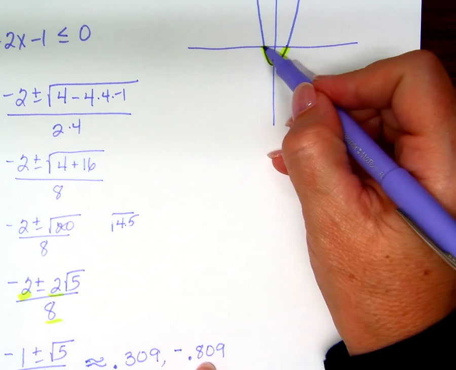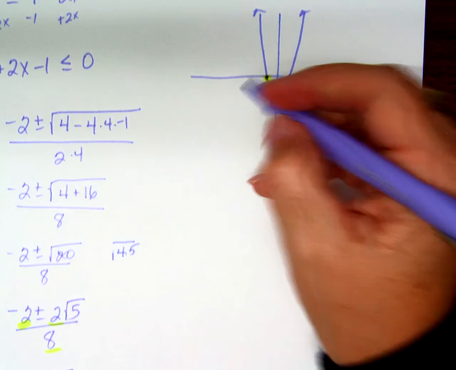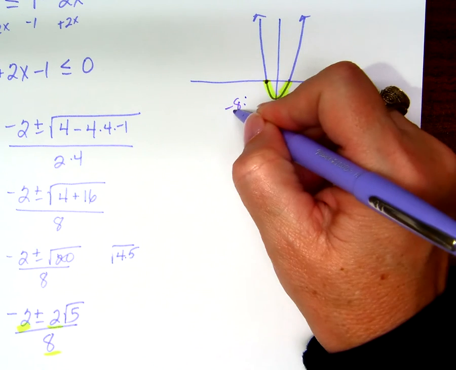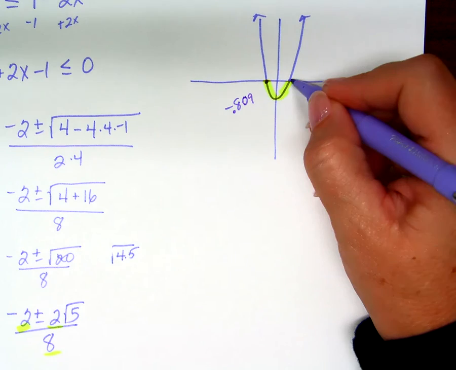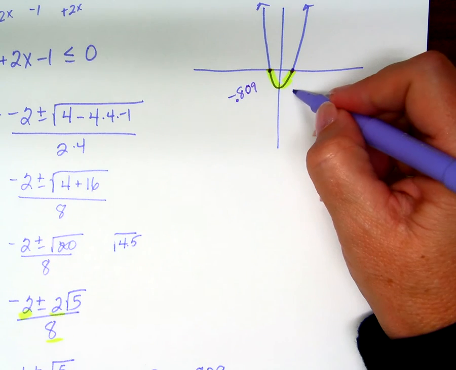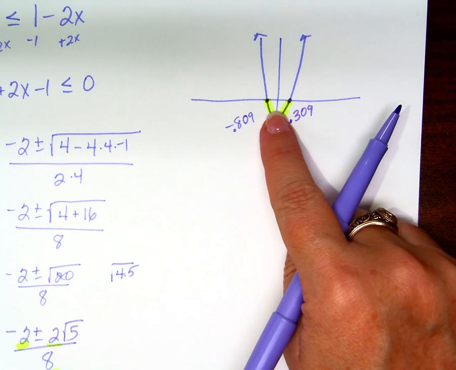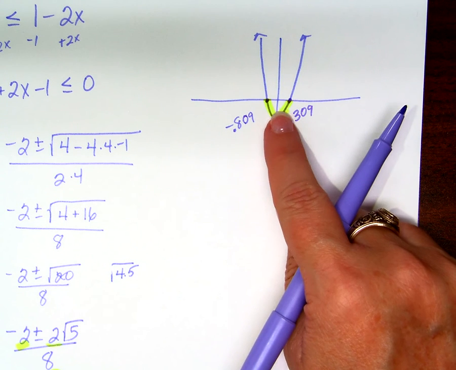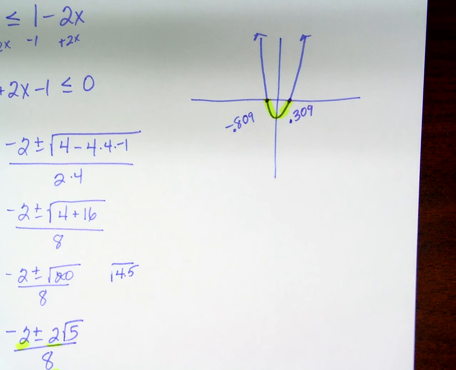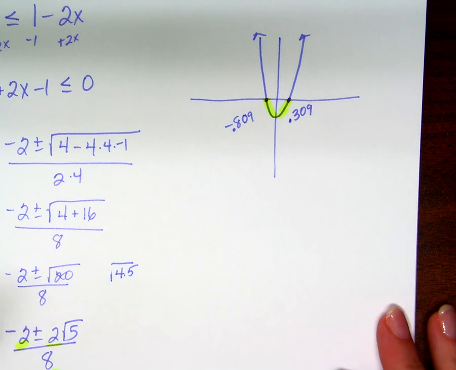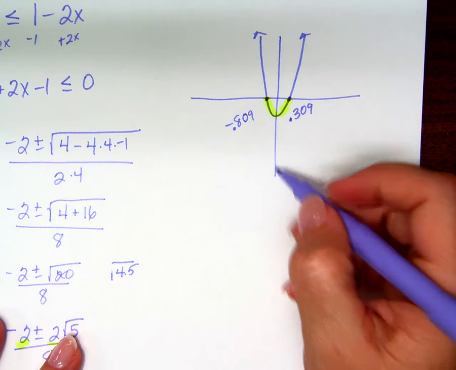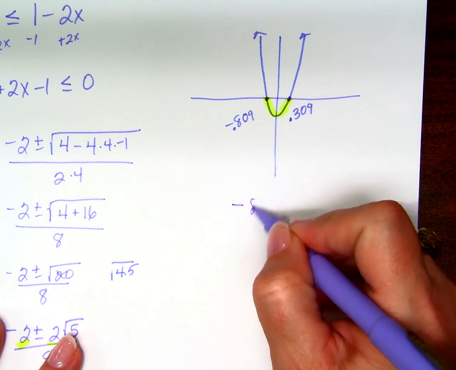Well, this point I know from my solving earlier is -0.809, and I know this point from my solving earlier is 0.309. Now, I know this is not a very accurate graph. I didn't draw it for its accuracy. I drew it for my vision to see what it looks like. Okay? So where is my solution here? It goes from -0.809.